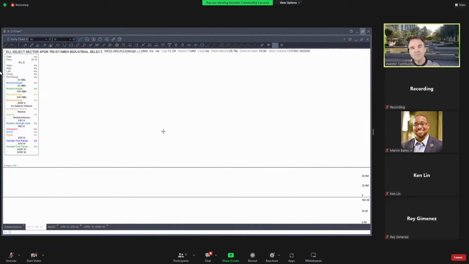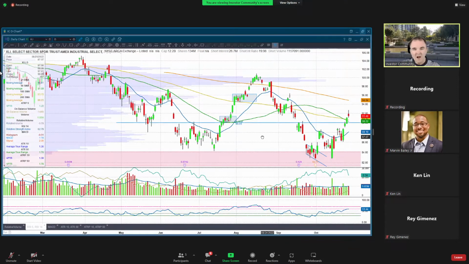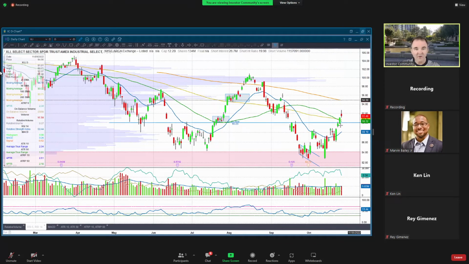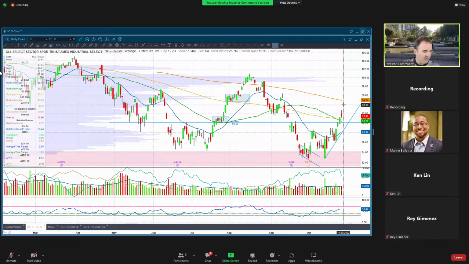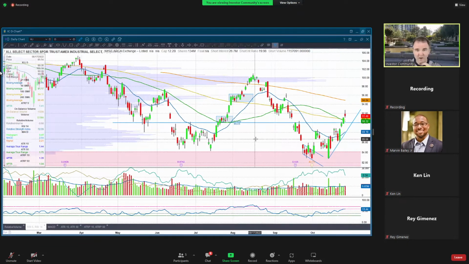Industrials. Again, higher highs, right? Higher highs, higher lows, beginning of an uptrend. Awesome. Really happy to see that. Talked a little bit about industrials. I have been mentioning industrials a fair bit, figuring it was going to start outperforming.